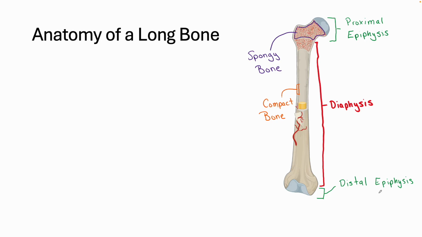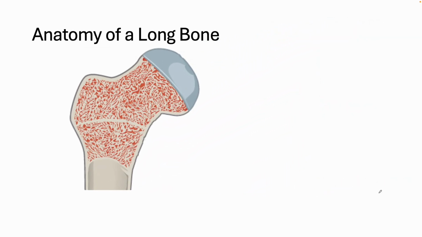The diaphysis is largely going to be a hollow shaft with bone marrow in the middle of it, with compact bone surrounding it. There's also compact bone around the epiphysis, but instead of being hollow, it's going to be comprised of spongy bone. So we'll take a look at those structures in more detail.